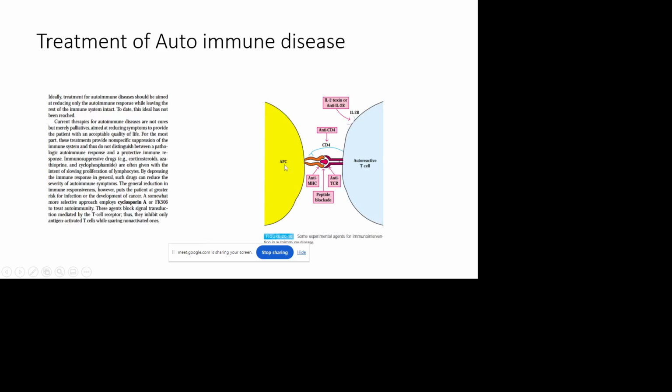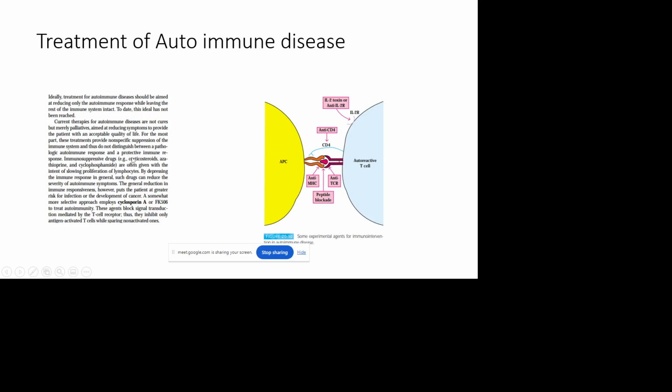So now, if you come back to the treatment portion, how will you treat the autoimmune disorder? There are many ways to treat. There are certain therapies for autoimmune disorders. Most of the treatments provide non-specific suppression of the immune system, right? But the problem is they don't distinguish between a pathologic autoimmune response and a protective immune response, right?